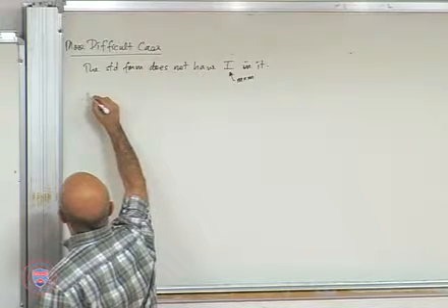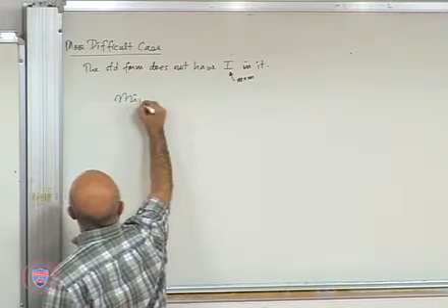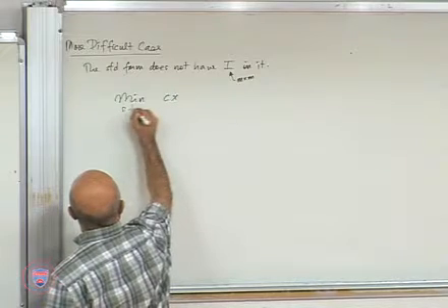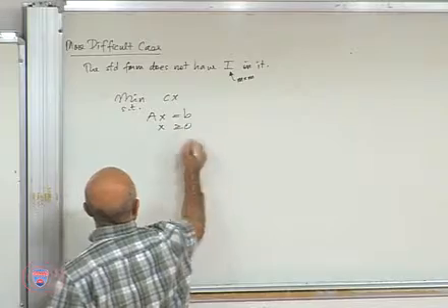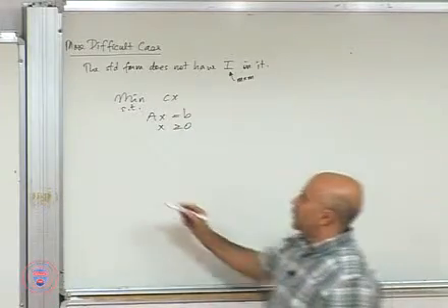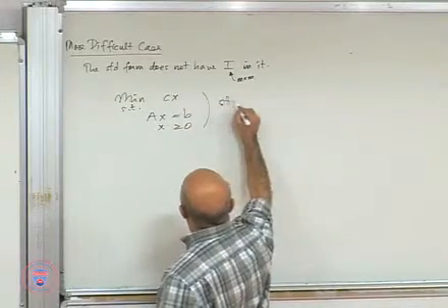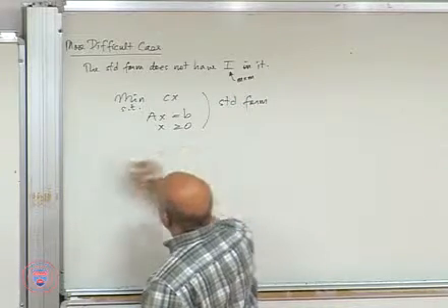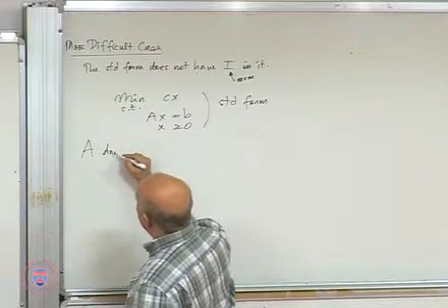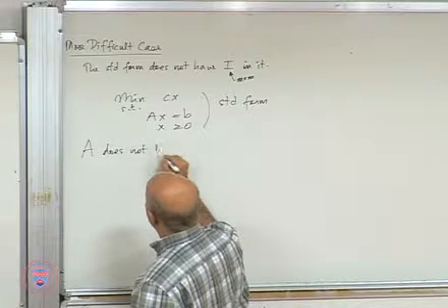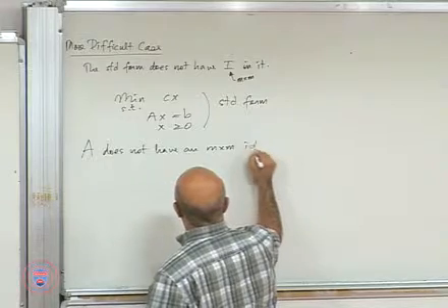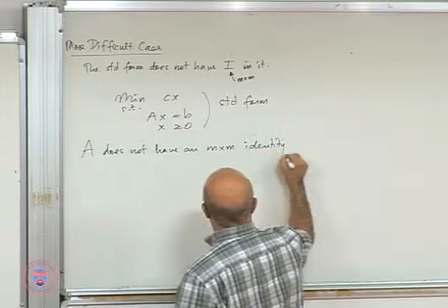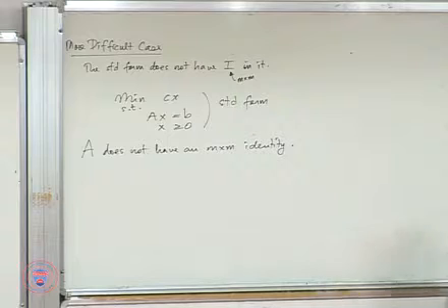The initial problem is the minimization of, say, Cx subject to Ax equals B, x greater than or equal to 0. That's your standard form problem. And A does not have an m by m identity in it. Okay? So you cannot form the initial basis.